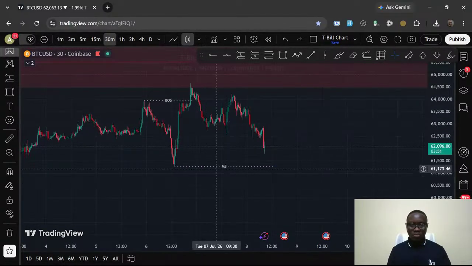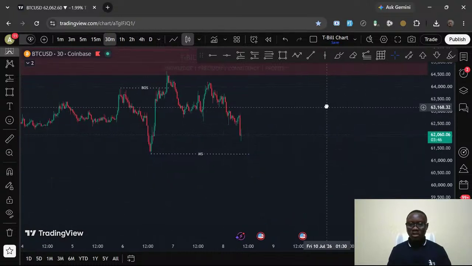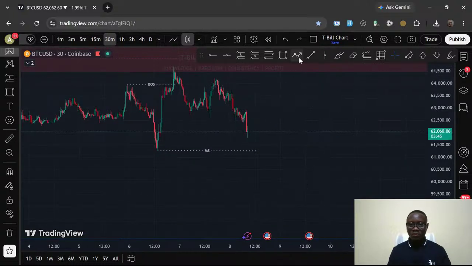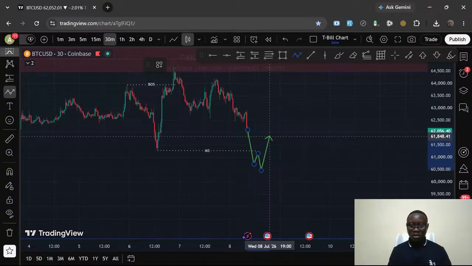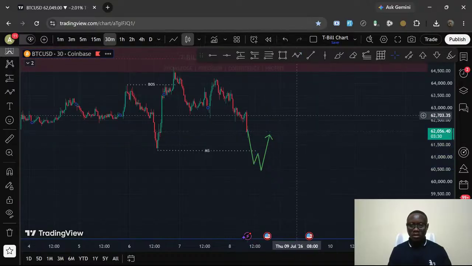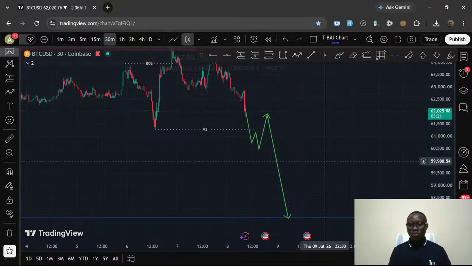So until price breaks below this low and gives me the same pattern I'm expecting on GBPUSD, something like this, I'll probably take the sell right here and take it all the way to this low.